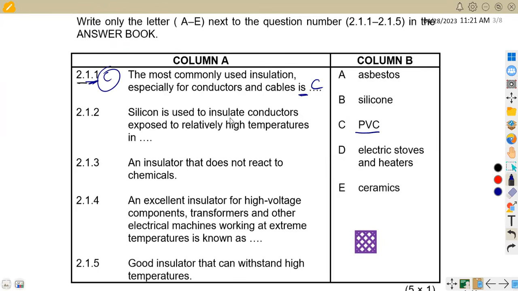Silicone is used to insulate conductors exposed to relatively high temperatures in which part?